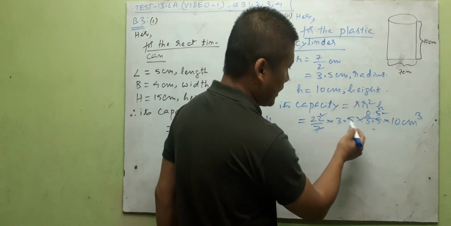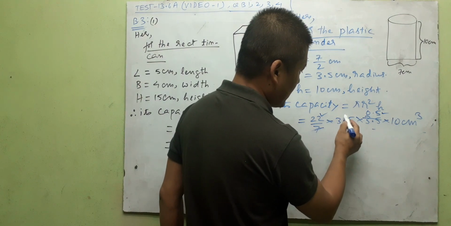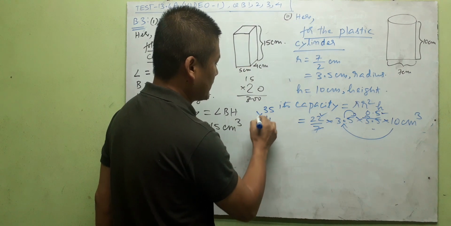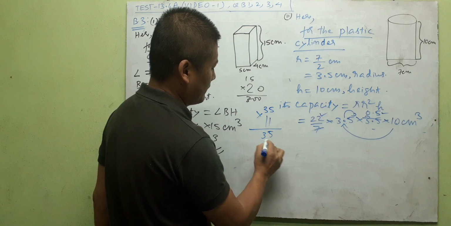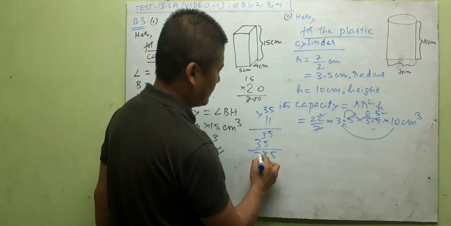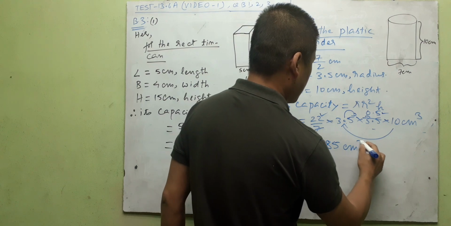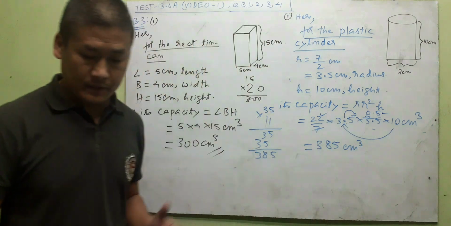So that's gone. Now this 0 multiplies with this one, the decimal moves right, so it will become 35. When you multiply, 385 centimeter cube is its capacity.